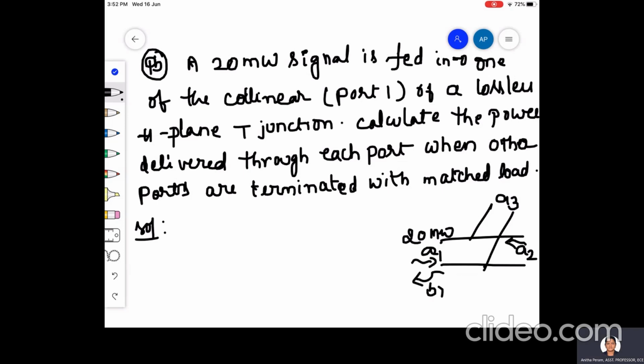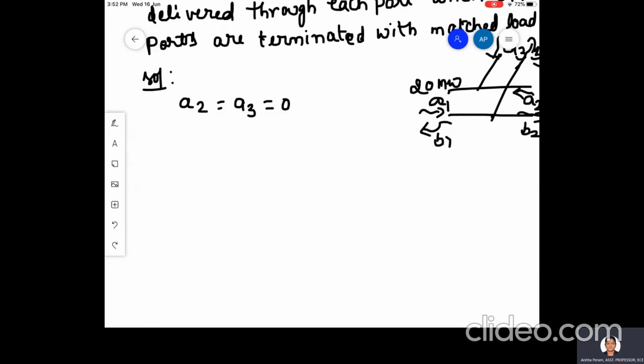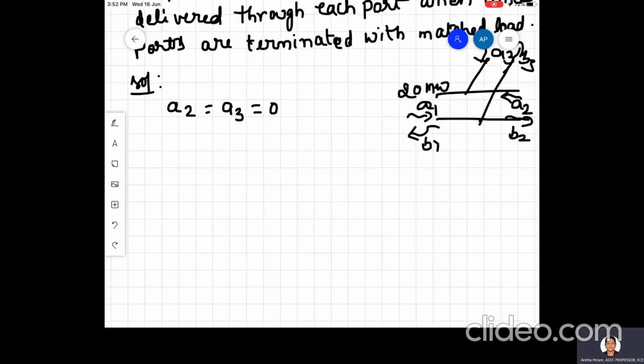Similarly, A2 is incoming and B2 is outgoing. A3 is incoming and B3 is outgoing. As they specify the other ports are match terminated, that means there are no reflections. So A2 and A3 are 0, 0. No reflections, match terminated. You have been asked to evaluate the power delivered at all 3 ports, port 1, 2, 3.